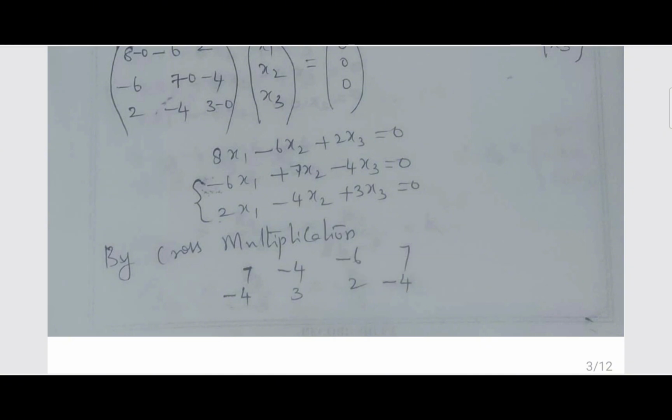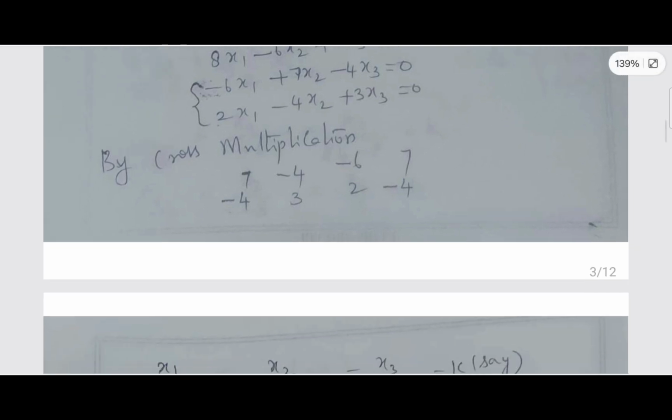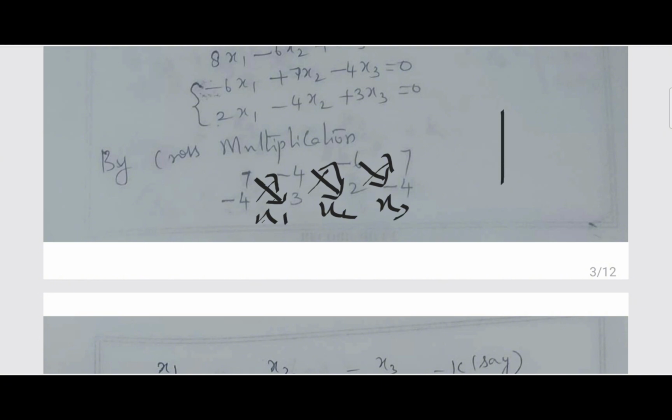So how can you calculate by that cross multiplication? You have to multiply this and this way, and here also this way, and then this way. Your above value is related to x1, this is the x2, and this is x3. So I am finding out that only.